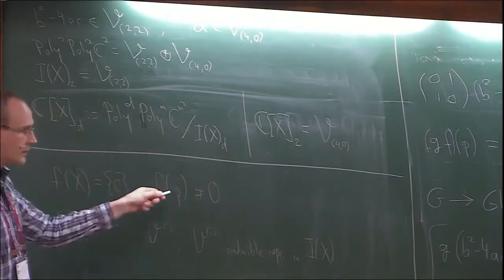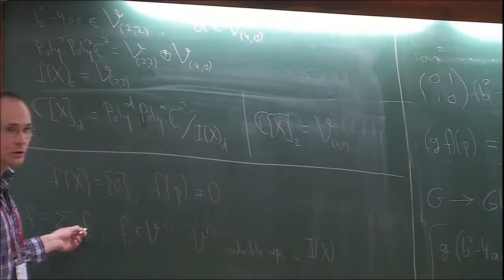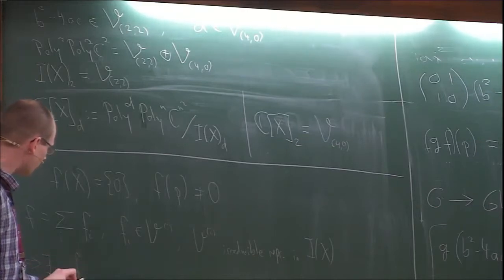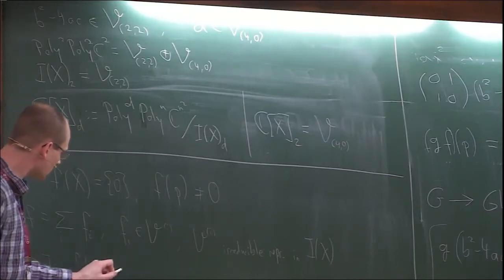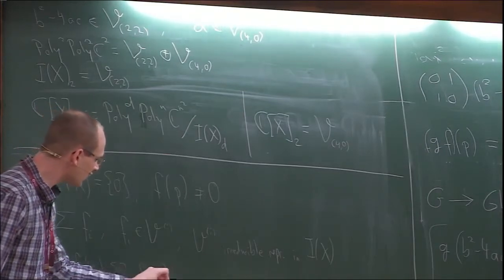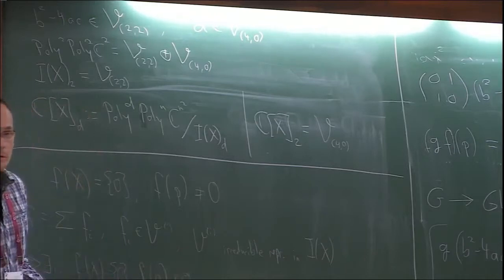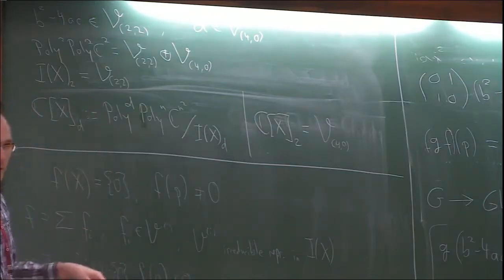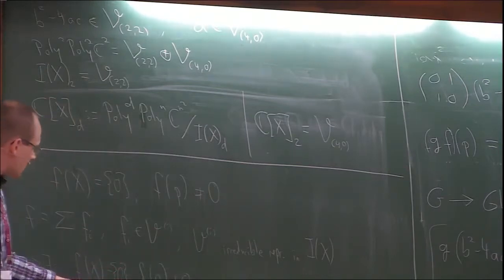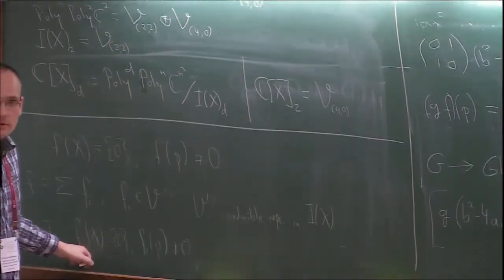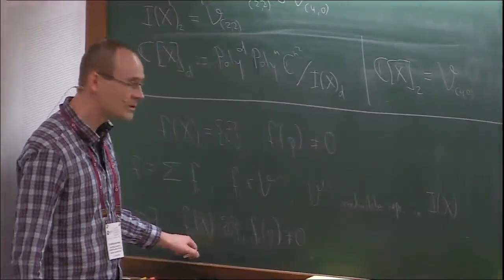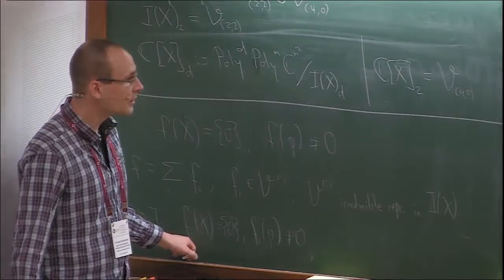But since F does not vanish on P, there must be one of these Fi's not vanishing on P. So we find there exists some i such that Fi on X is completely 0, but Fi on P is non-zero. So we conclude you can prove a lower bound by picking not any polynomial F to separate, but a polynomial in an irreducible representation. That's enough. You can restrict yourself to searching for polynomials in irreducible representations.